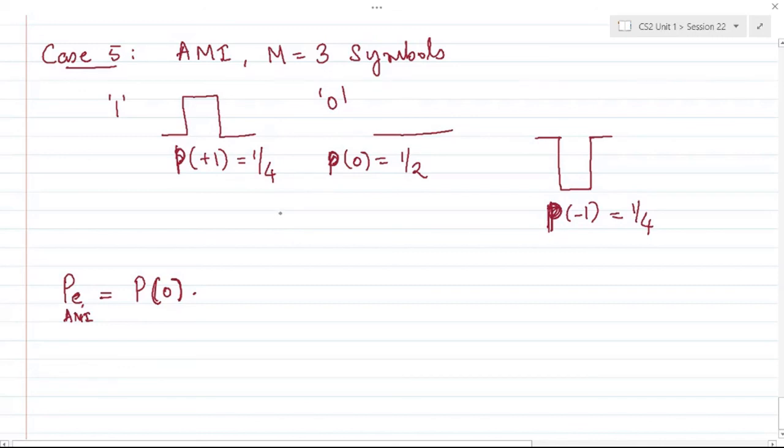The error is double when compared to your unipolar NRZ scheme, and hence the symbol 0 could be mapped to +1 or to -1, and hence it is twice the probability of error as in the unipolar case. That is your first probability of error. I'm not trying to express this in terms of the complementary error function, since we have already done it for the unipolar case. Similarly, for the symbol +1 now, what is the probability of error in this case?